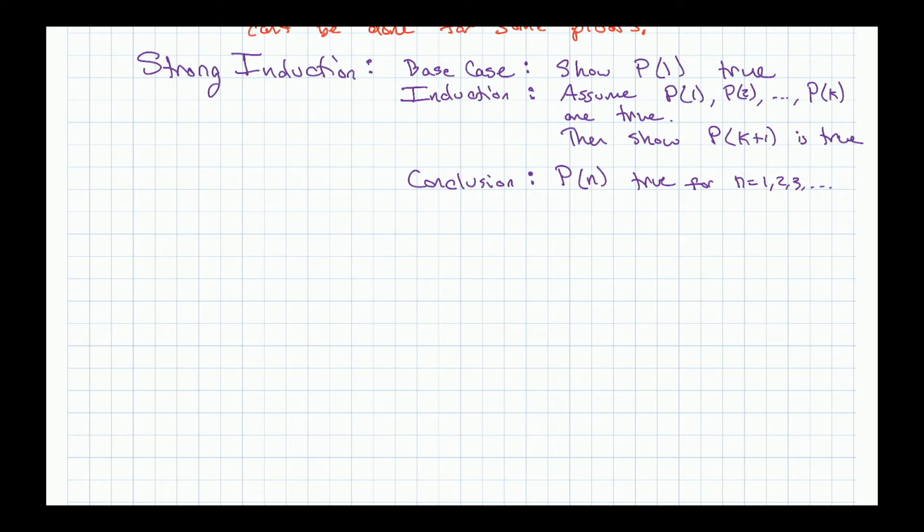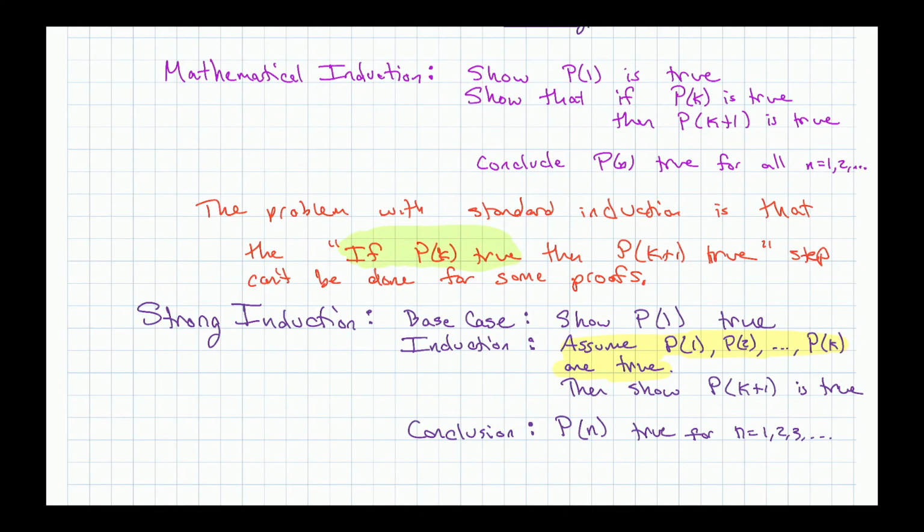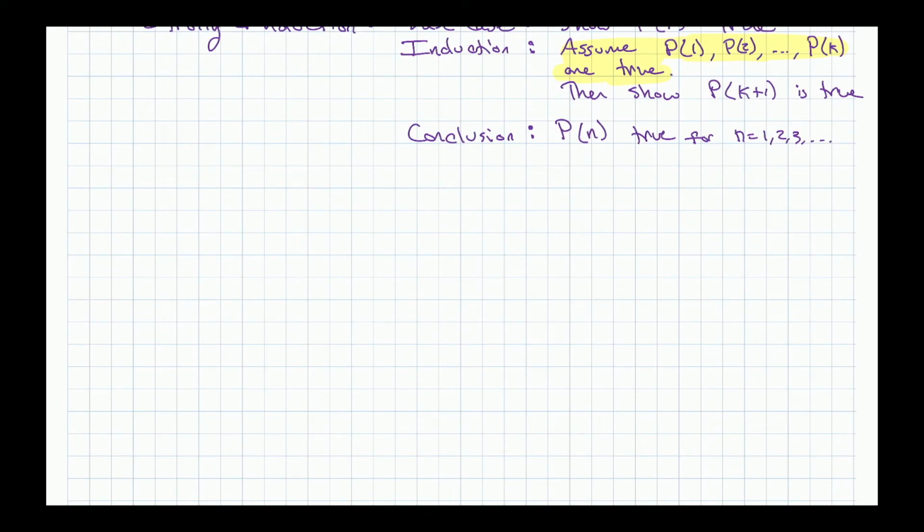The difference is right here, we're assuming P of 1 through P of k are true, as opposed to up here, where you're just assuming P of k is true. So the induction hypothesis is different. That's what's different.